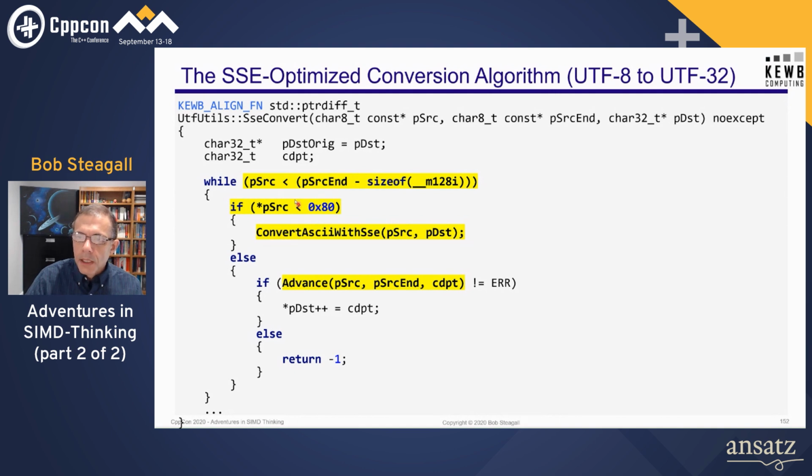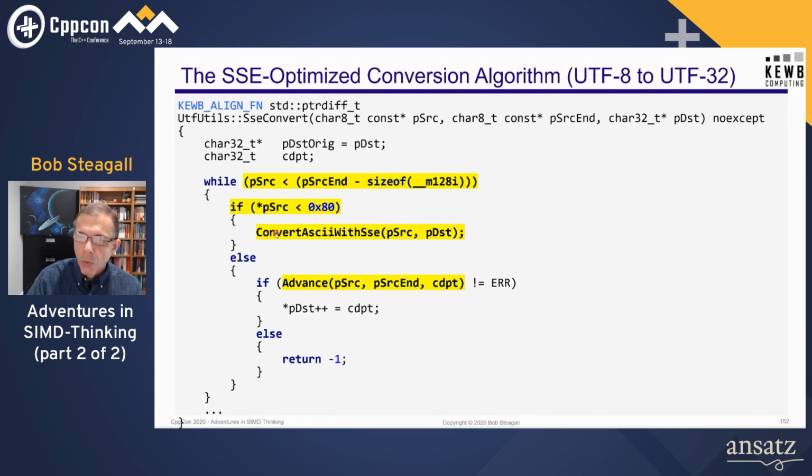Well, let's assume that we're going to read data one chunk at a time. And for the sake of argument and for this algorithm, let's assume that we've got plenty of data in the destination array because we're not checking its bounds for now. Well, if I've determined that the first byte in this sequence at the top of the loop is an ASCII byte, there's a good chance there's more ASCII bytes that are coming after it.